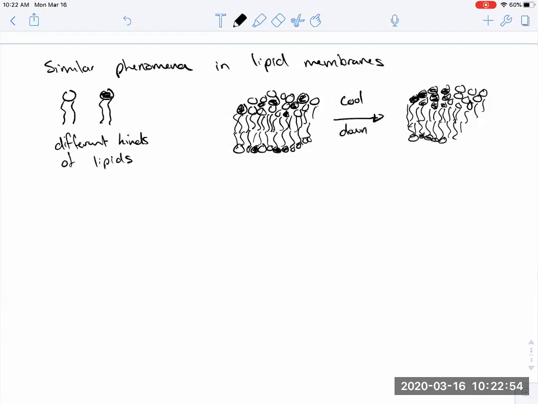That is exactly synonymous with our water-oil mixture that spontaneously phase separates.